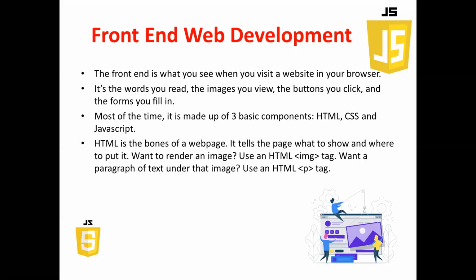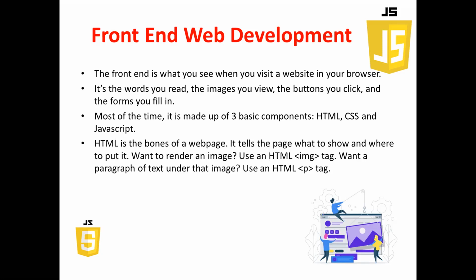There will be a combination of them. As I said early in our first slide, we are going to use all these three languages together: HTML, CSS, JavaScript. We will not leave any language at any point of time.